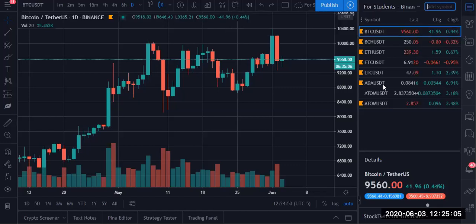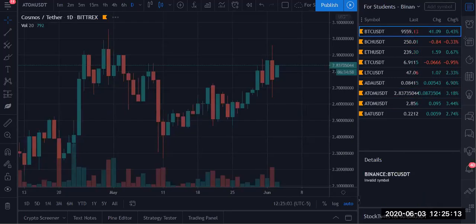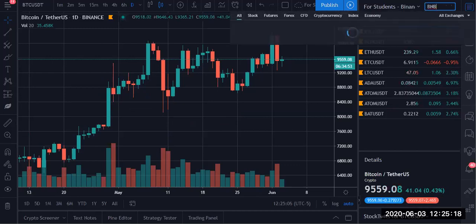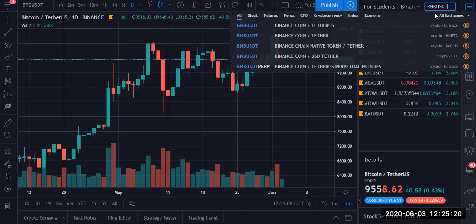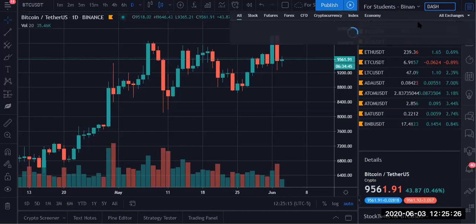Tether. Once again, is this Binance? Huh, why is this not marked off? Okay. Now that's marked off. Okay, what else are we looking at? BNB. Can't forget Binance token or Binance coin. DASHUSDT.